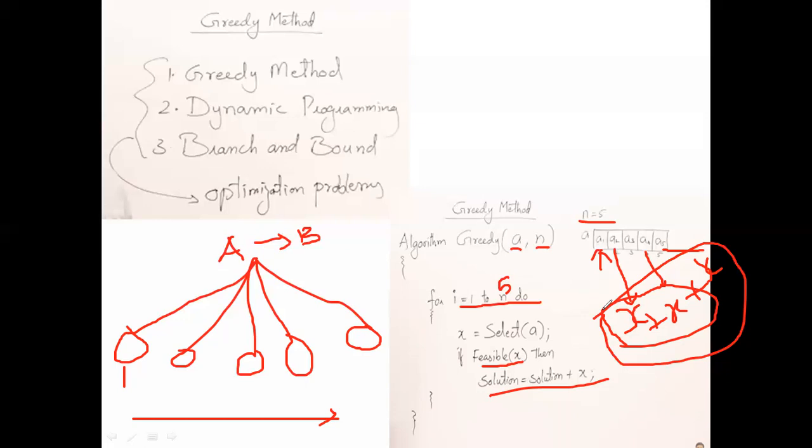Greedy algorithm (A, n): A is the set of subsets, n is the number of subset problems. n equal to how many? Total number of subsets is 5.